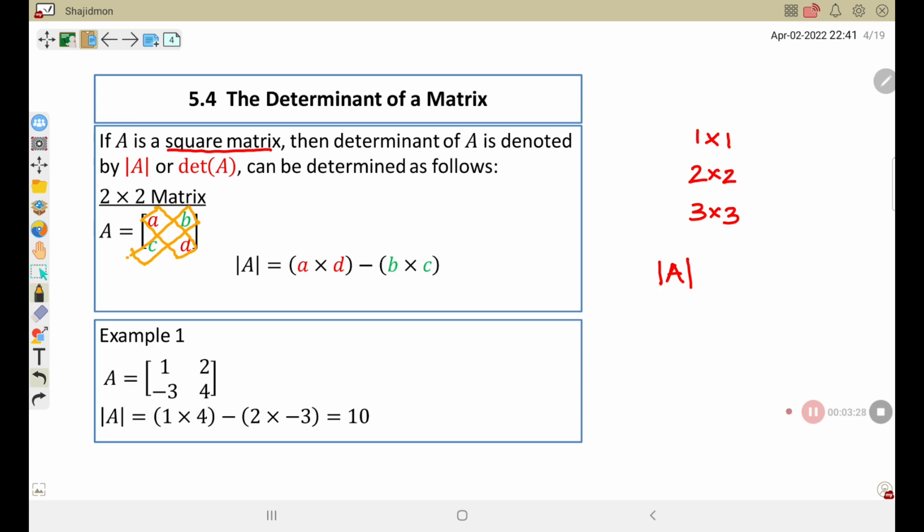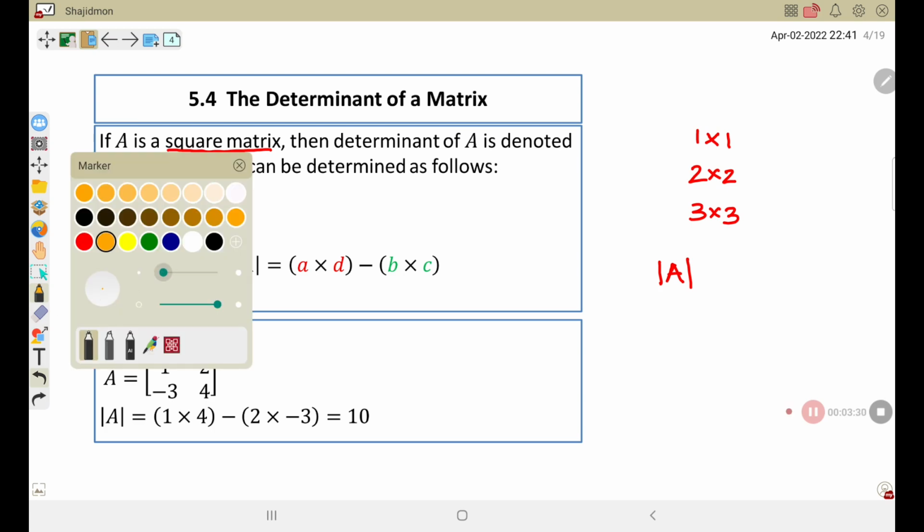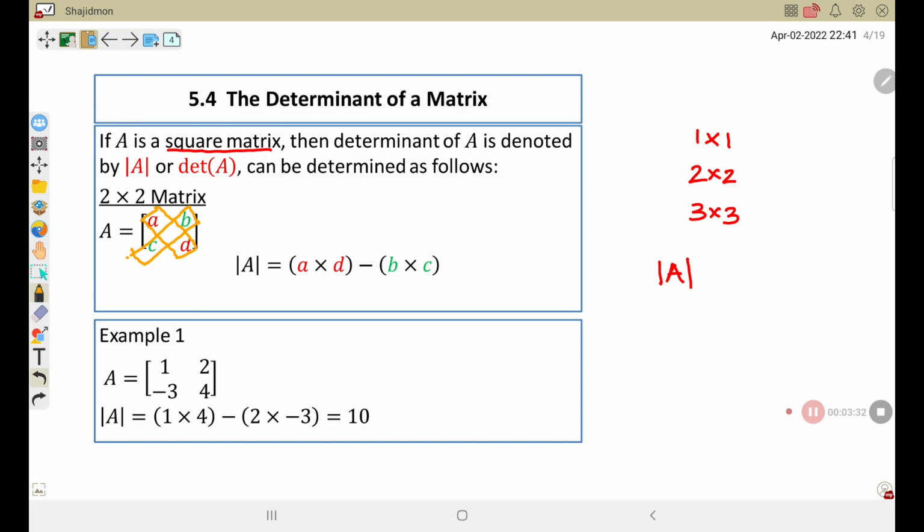You can see the main diagonals are 1 and 4, correct? So multiply 1 and 4, minus the off diagonal numbers multiplied. What are the off diagonal numbers? Minus 3 and 2. So multiply 2 and minus 3. You can use your calculator, you will get 10. So this is the determinant of a 2 by 2 matrix.